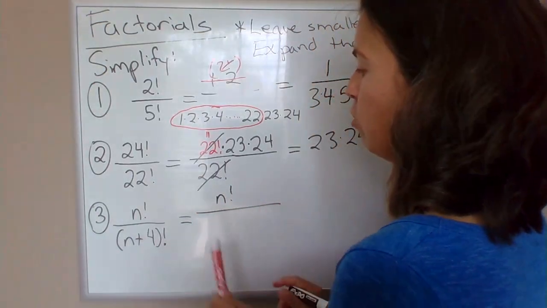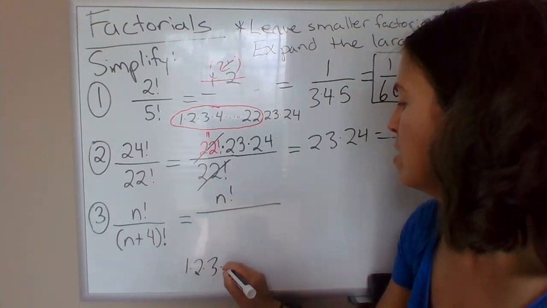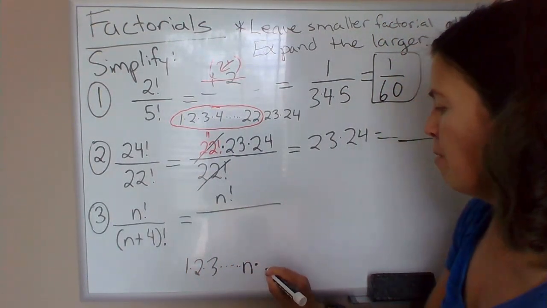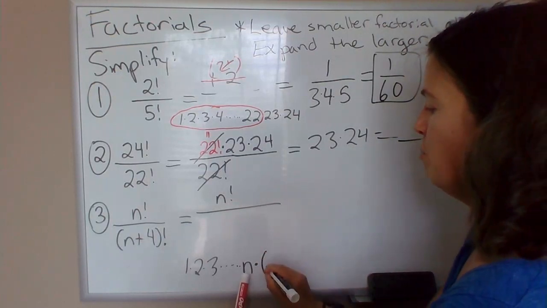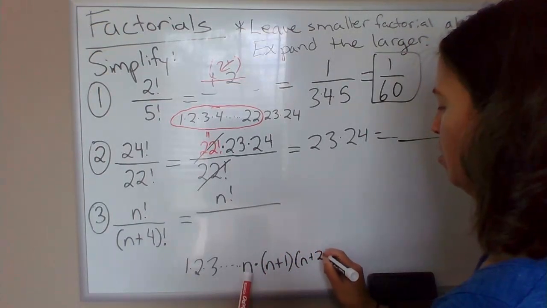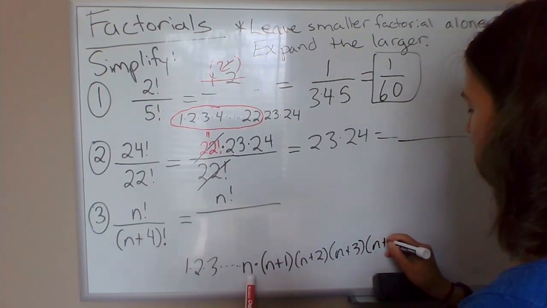N plus 4 factorial would be 1 times 2 times 3. Eventually you would get to n. And then what would come after n? Then it'd be n plus 1, and then n plus 2, and then n plus 3, n plus 4.